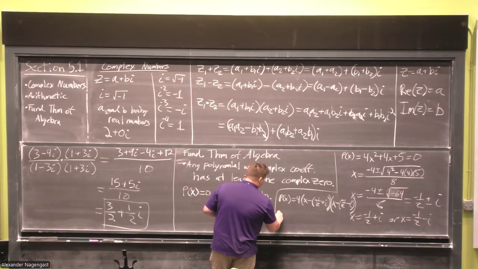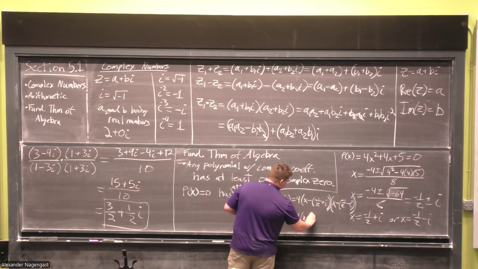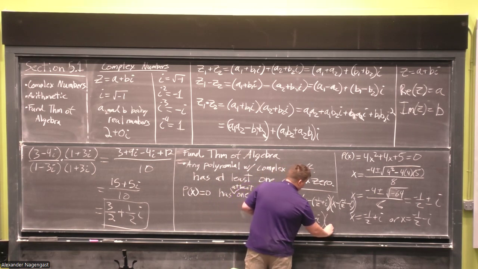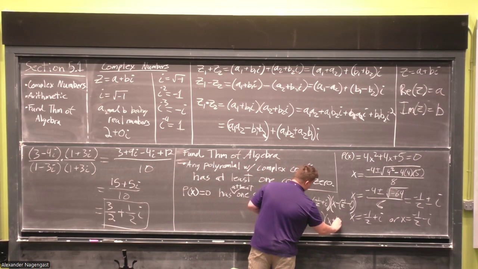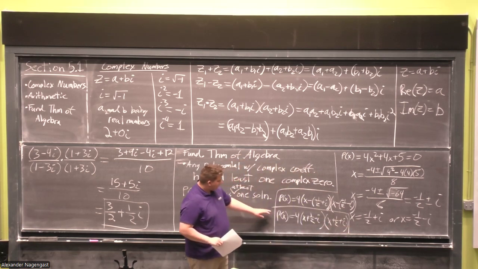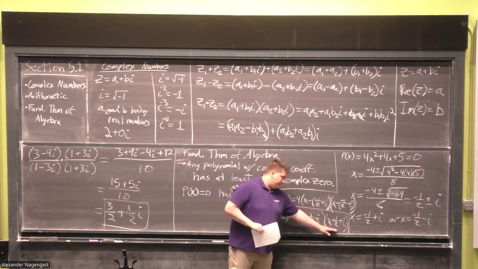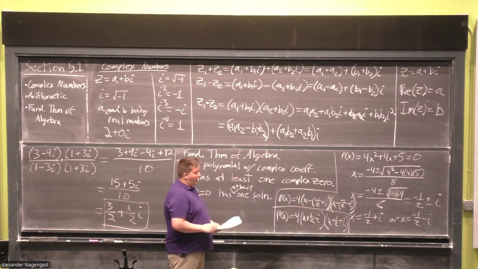And when we simplify it, we have P of x is equal to 4 times (x plus 1/2 minus i) and (x plus 1/2 plus i). And so we could rewrite this polynomial in terms of i.